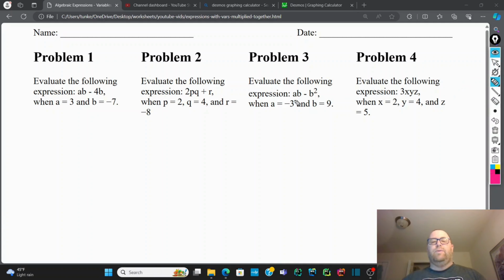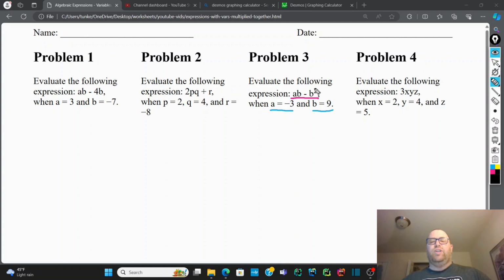Next one, we're going to evaluate the expression AB minus B squared, when A is equal to -3, B is equal to 9. So we're going to substitute in our values. A is being multiplied by B, and then B is being multiplied by itself.